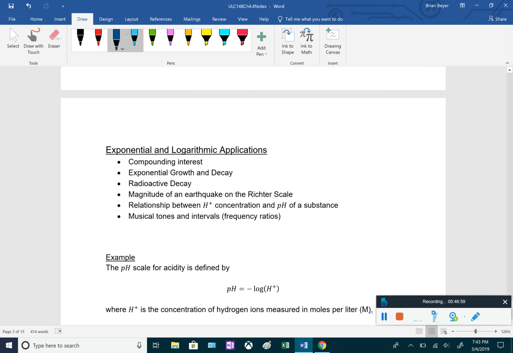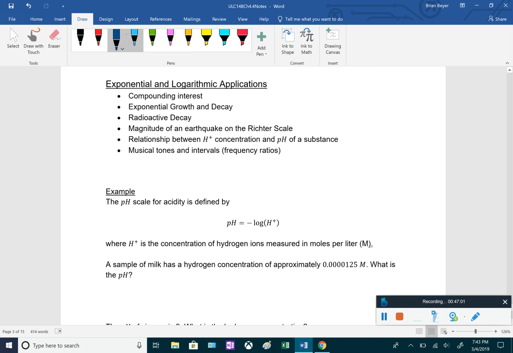Okay, so one more thing here, not really a huge summary because we still have the next section to go, but just some important applications that get used all the time. Something like compounding interest, obviously that gets used with exponentials all the time because we've already done it. Exponential growth and decay, which we'll be doing in chapter 4.5, as well as radioactive decay. That stuff is pretty interesting.